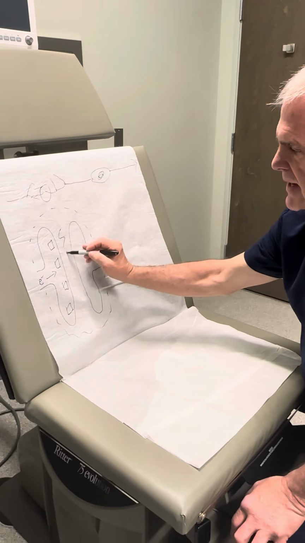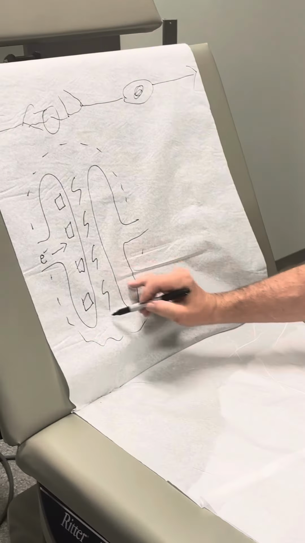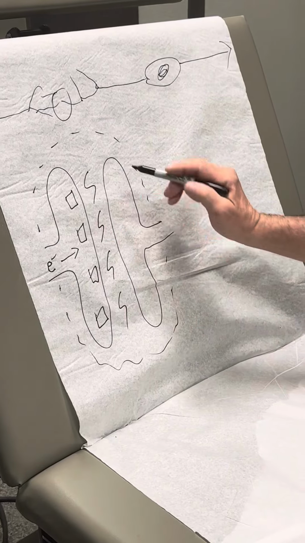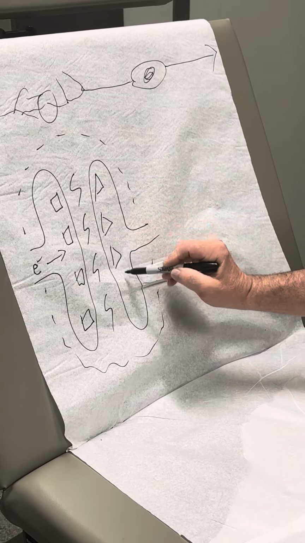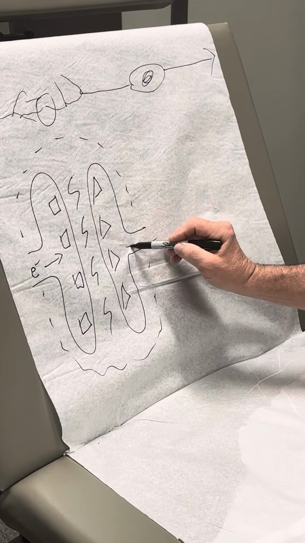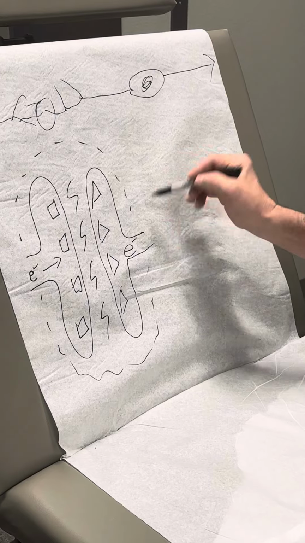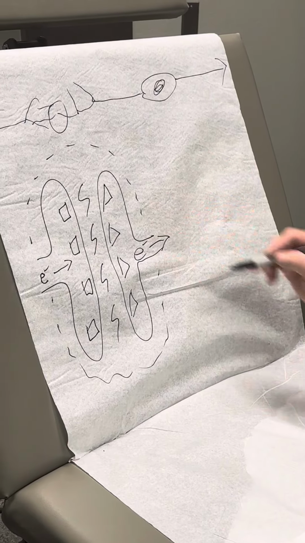We'll represent that chemical as S. And this chemical comes across and interacts with some other factories over here. And these factories then make electricity or depolarization or whatever, and off that charge goes.